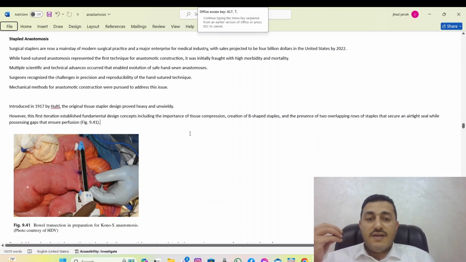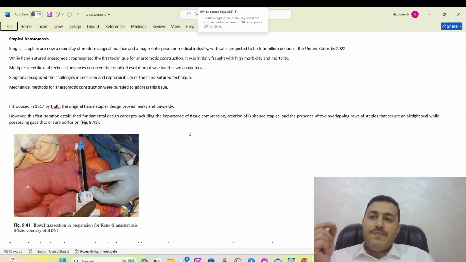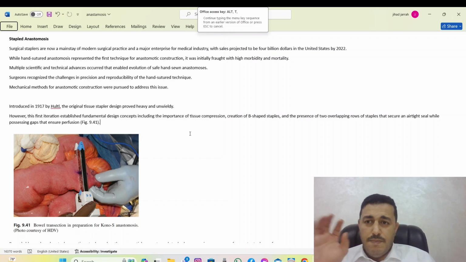Actually, a problem can face us when we want to discuss stapled anastomosis scientifically. The problem is that much information depends on the model and the brand itself. So it may be a manufacturing, industrial issue rather than a purely scientific issue.